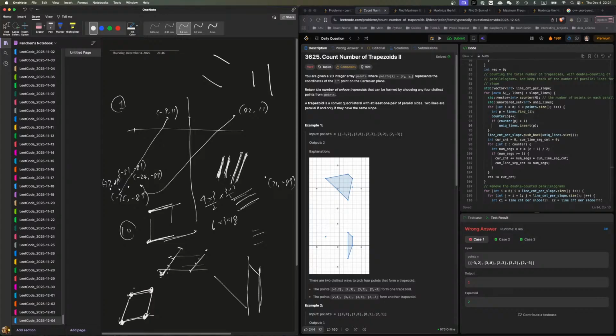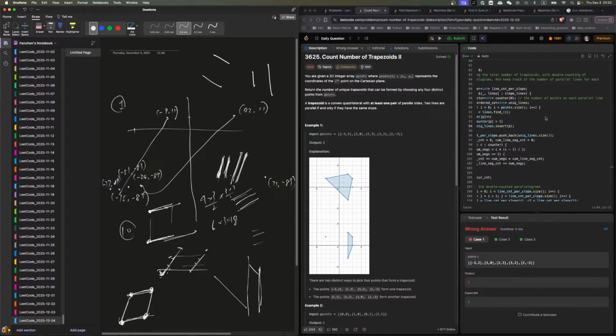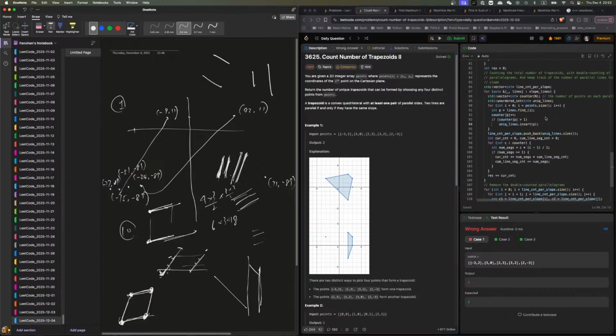That is possible. The counter is the number of points on each parallel line.